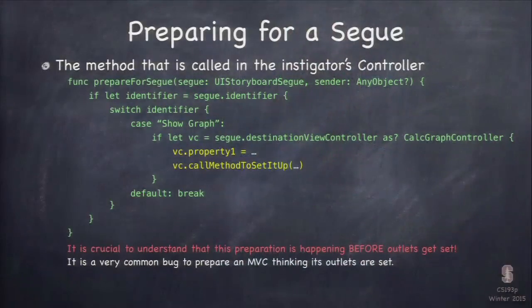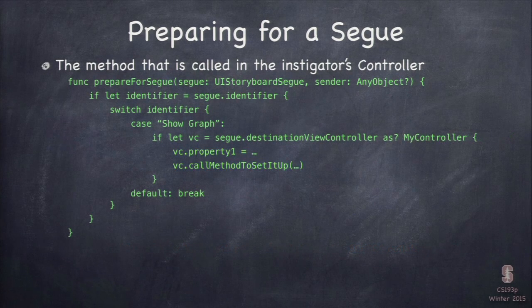I'll see that in the demo. I've made my demo intentionally crash because of this, and we'll go back and look at why that happens. But this is red. Pay attention. If your segue doesn't work the first time, it might well be because you're expecting outlets to be set when your MVC is being prepared. So that's preparing for segue.